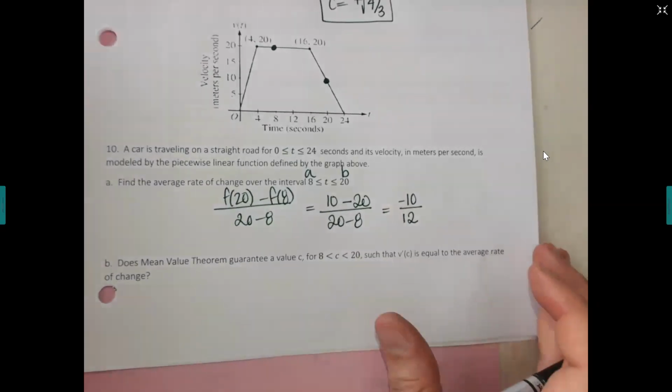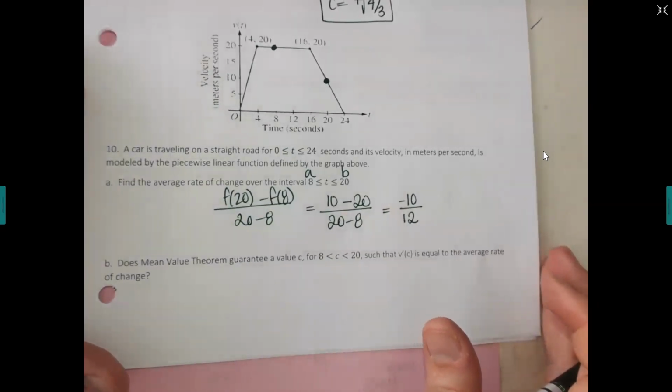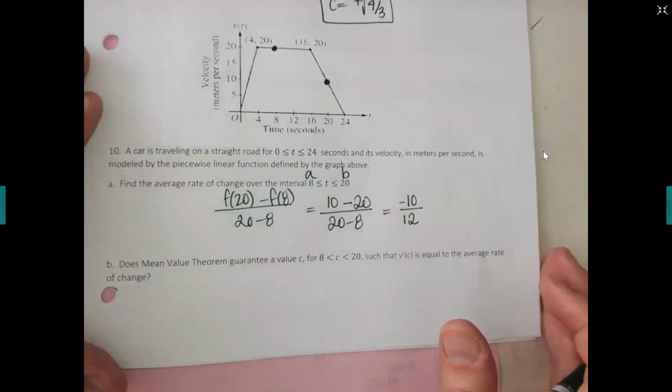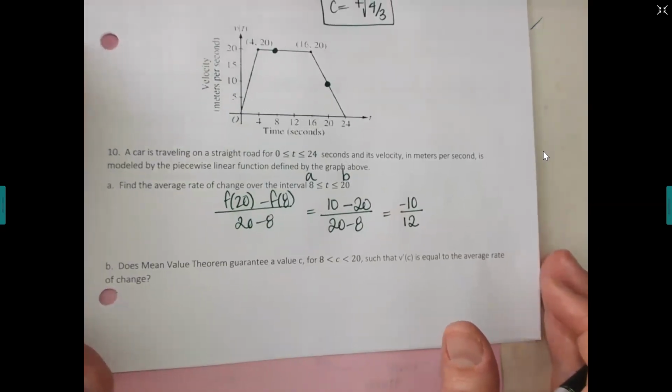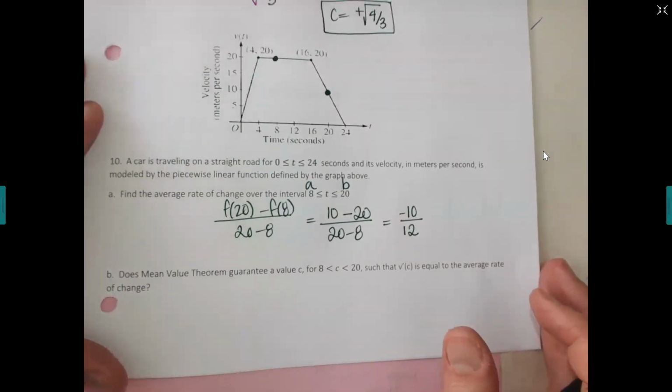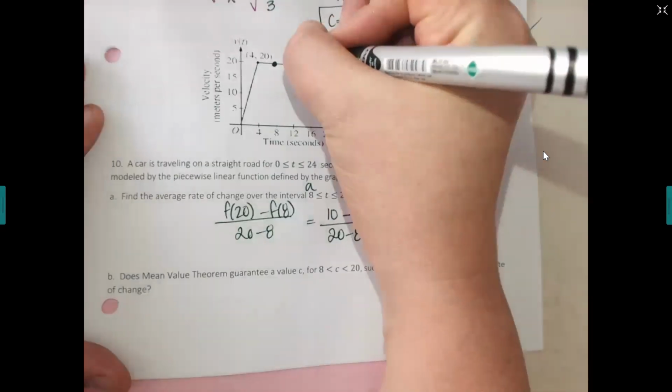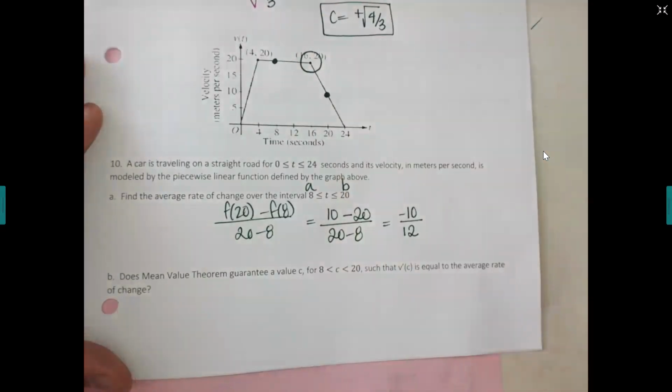Okay, if my graph is continuous and differentiable, then mean value theorem will promise that. Is it continuous? Is it differentiable? No. What makes it not differentiable on the graph? Remember, corners are not differentiable.